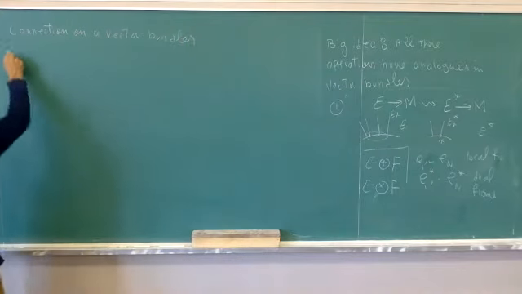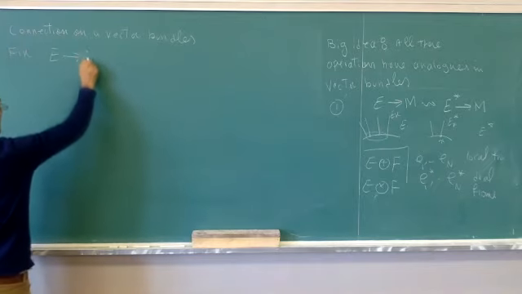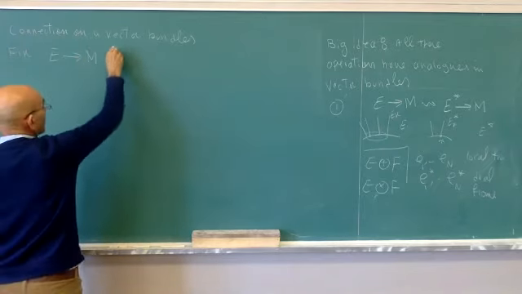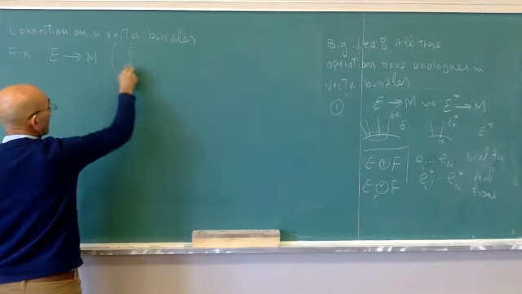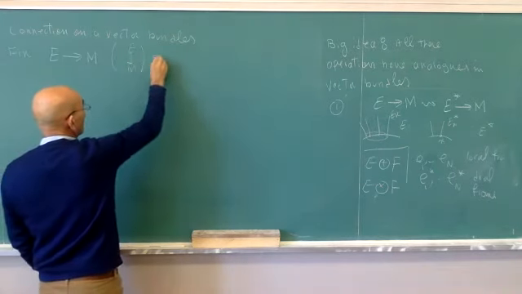So let us fix a smooth vector bundle. So my notation is always like this. Sometimes we also write E over M. I mean, a smooth vector bundle.